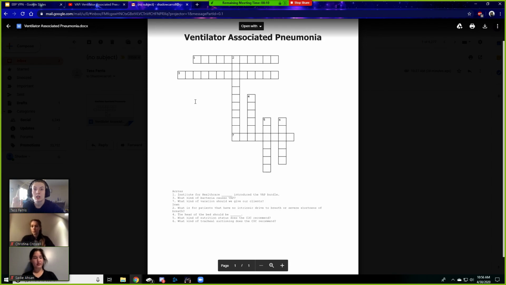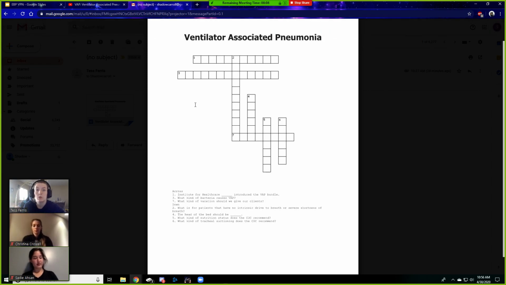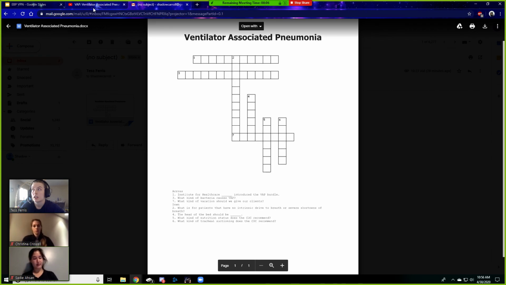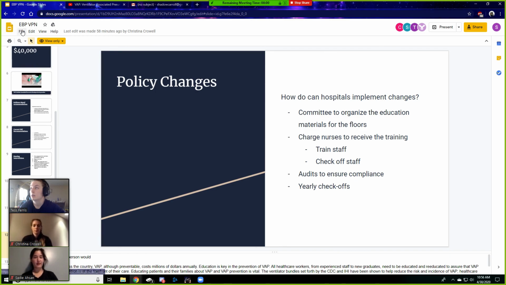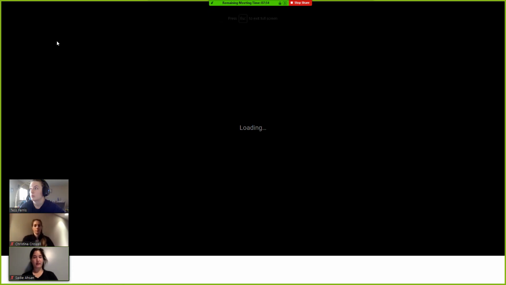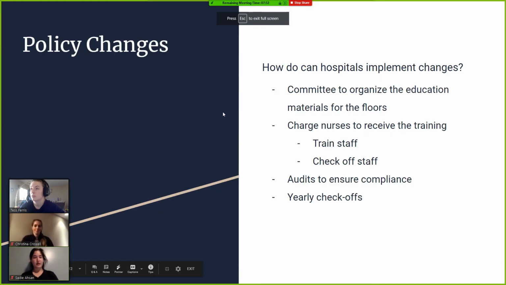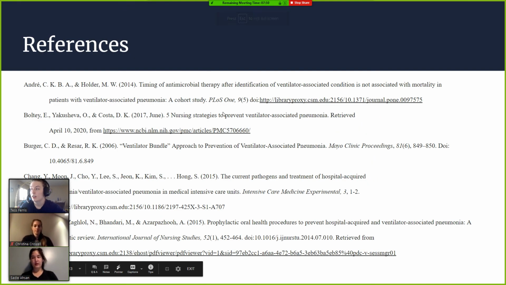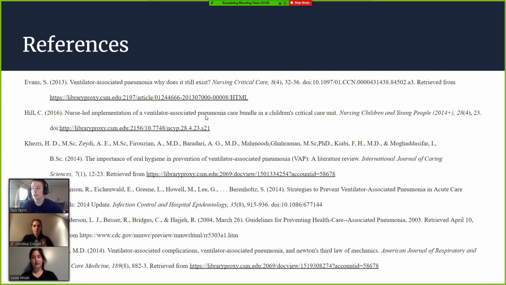It will be underneath our presentation and we will make sure that you guys know everything by taking this crossword. And then this is our references, and then Sadie.